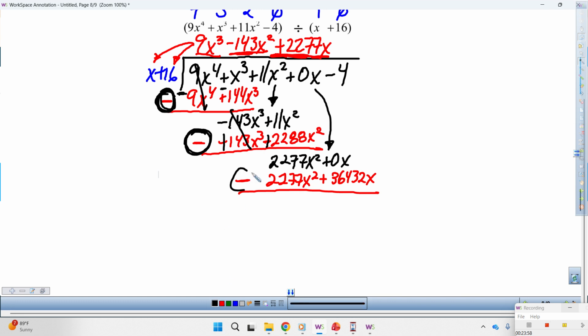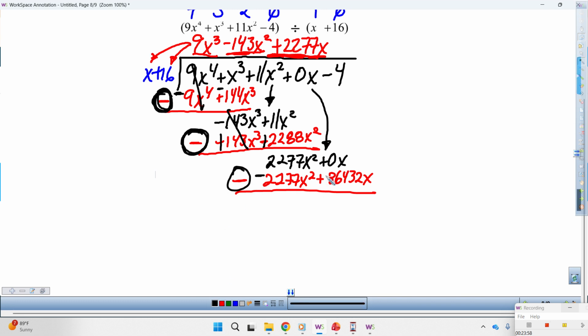Subtract. Distribute that here and here. This cancels. So that leaves us with negative 36,432x. And we bring down the last one, which is the constant of negative 4.